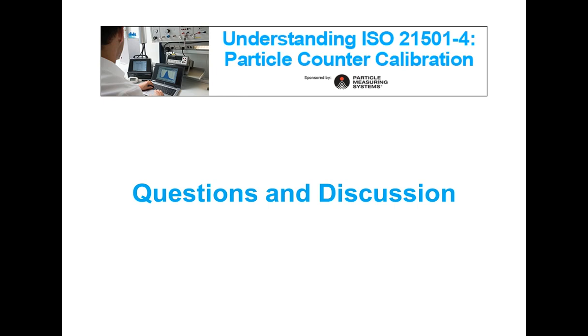Now, if you read the 14644, it requires you to use a 21501 calibrated instrument, and so as a consequence, even the GMP has to follow this requirement, and you are required to respect this requirement if you're using a GMP standard.